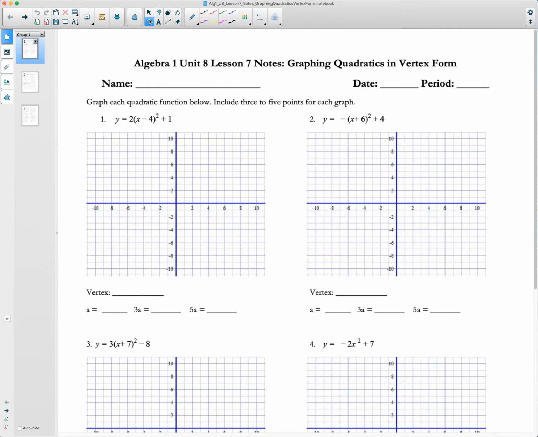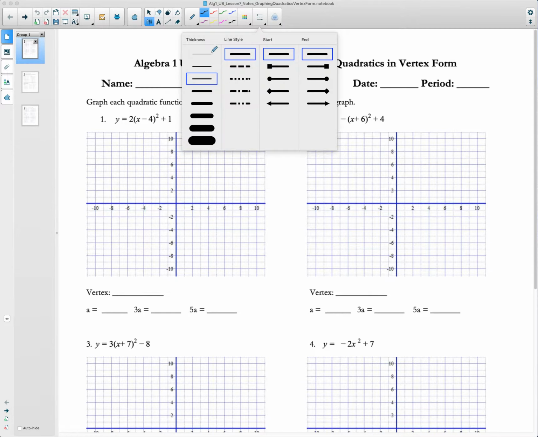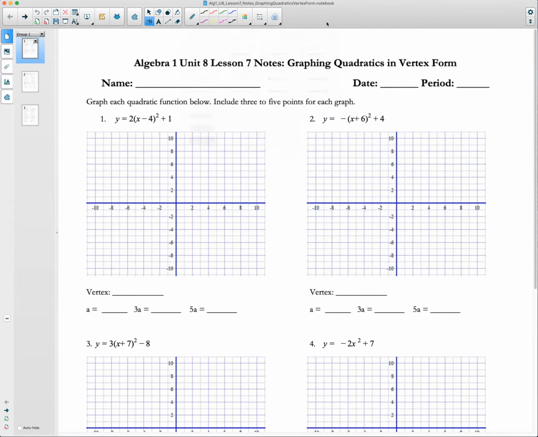And I'm going to write this at the top of the notes here, just in case you don't remember. When we talked about this earlier this year, we talked about y equals a times the quantity x minus h squared, plus k.